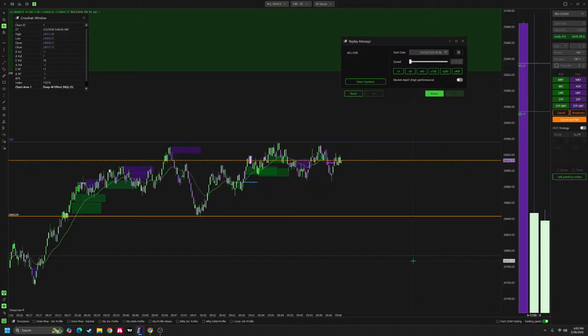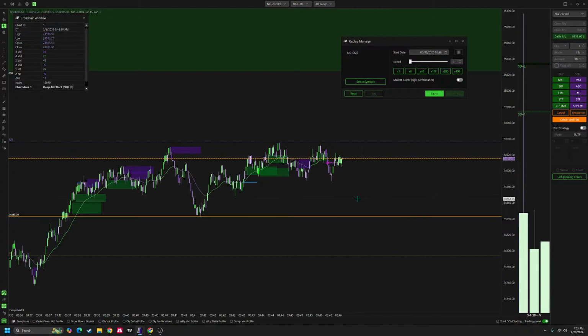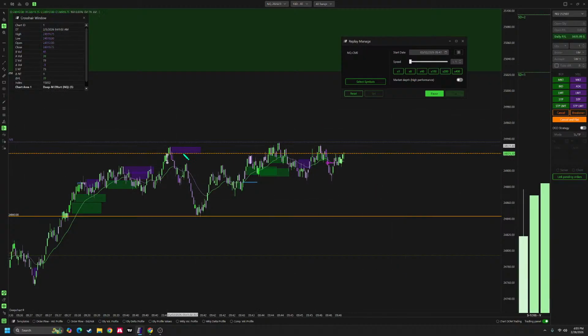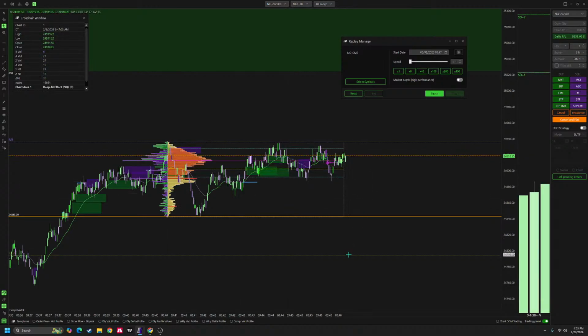So obviously we're in consolidation now. Another thing you can do is create a fixed range volume profile.